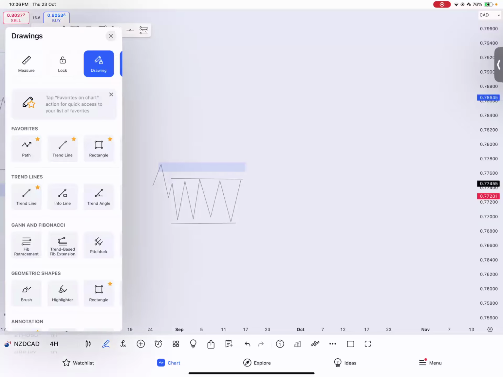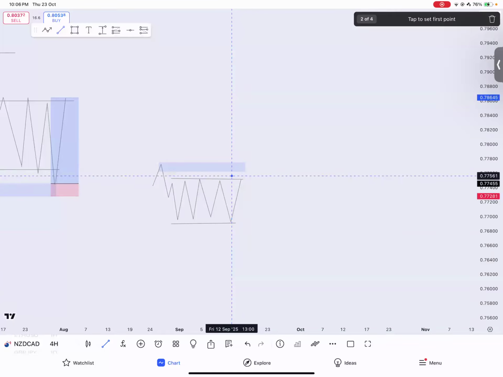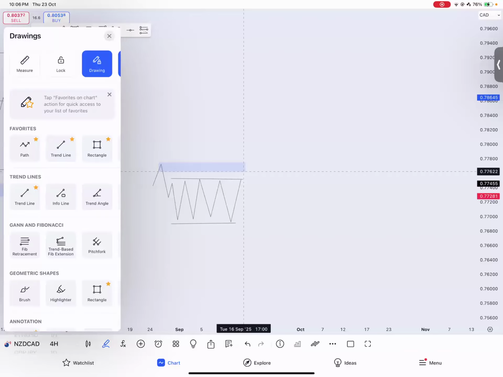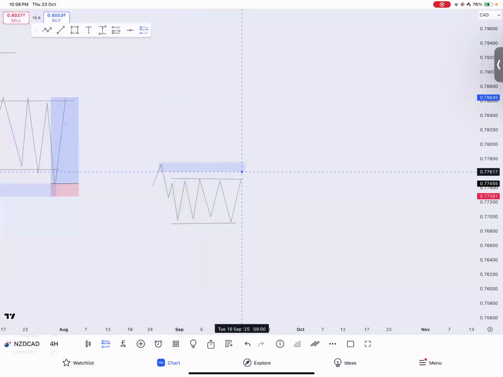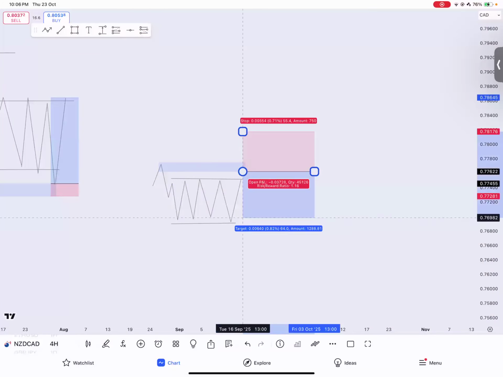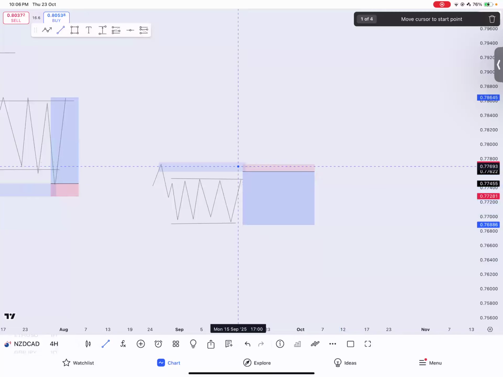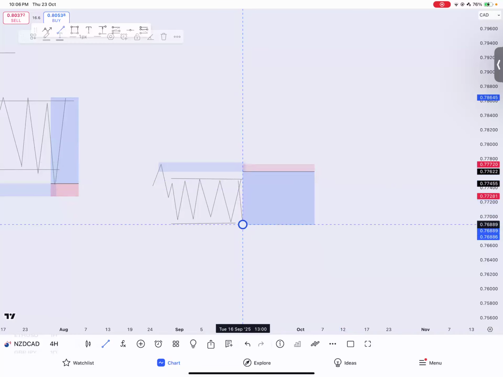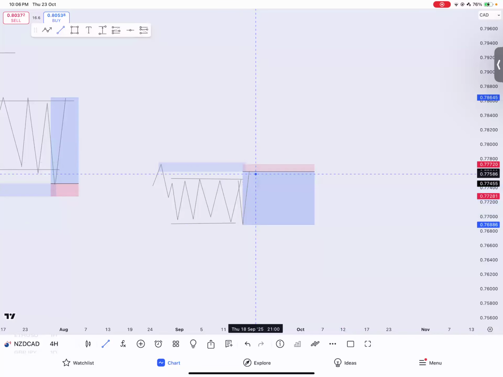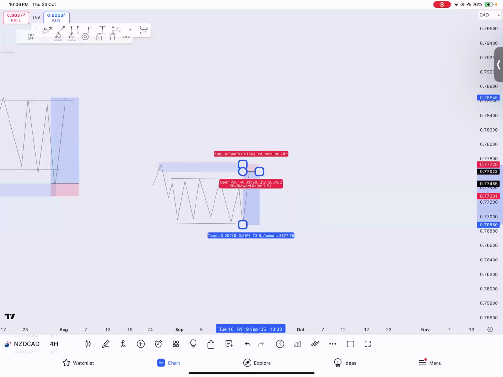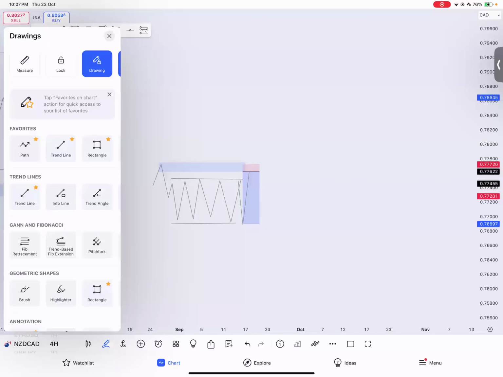So market is going to keep ranging until it takes out liquidity on the opposite side of where the market is meant to go to. So market is meant to sell. So it's going to take out liquidity on the opposite side first, which is the upside. So market is going to range till eventually it takes out this high and triggers your point of interest. And where it's going to go to next is the other side of the range, which will be down here.